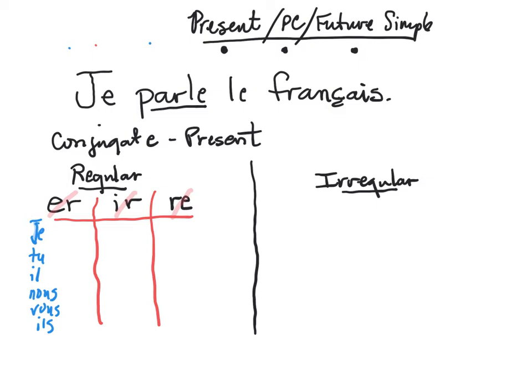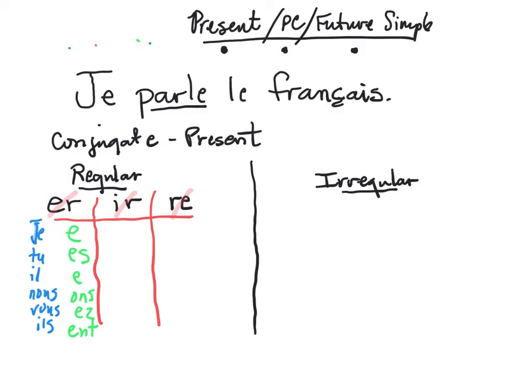So our endings then would be for ER would be E, ES, E, ONS, EZ, and ENT.